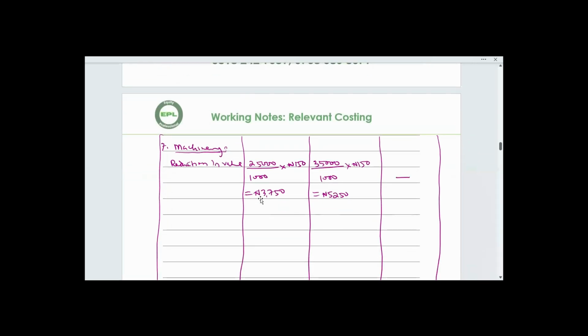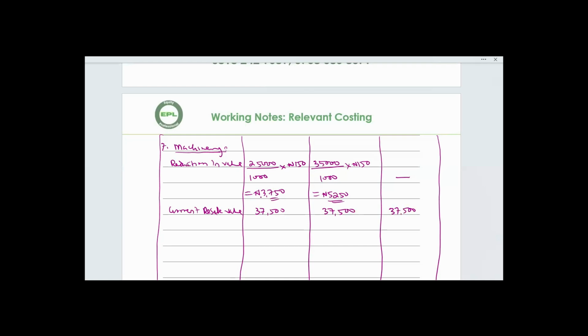So at this point, the current resale value of the machine is equal to 37,500.